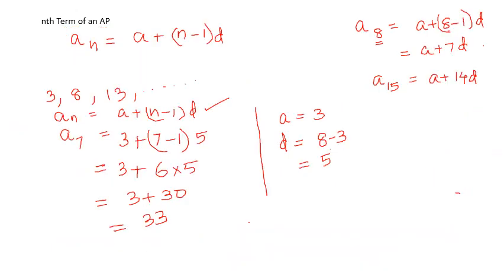So this is what. Now the question is, find the 7th term of the AP 3, 8, 13, etc. Then you find that we did right now. I'll tell you 11th term. How will you find 11th term?